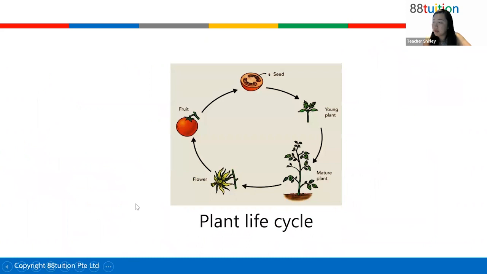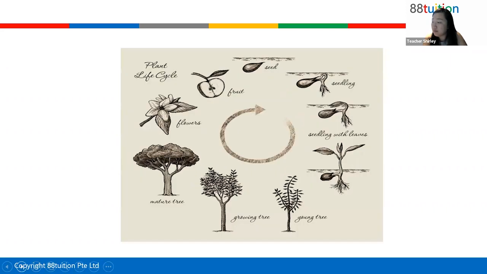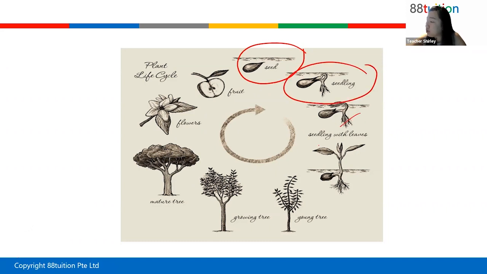Okay, now we've had enough of talking about animal life cycles. Now we are going to touch on the plant life cycle. Generally, the plant turns from a seed to a young plant to a mature plant, then eventually it will have flowers and fruits. But at primary school level, you just need to know that it turns from a seed to a seedling. Seedlings with leaf, you don't need to know.